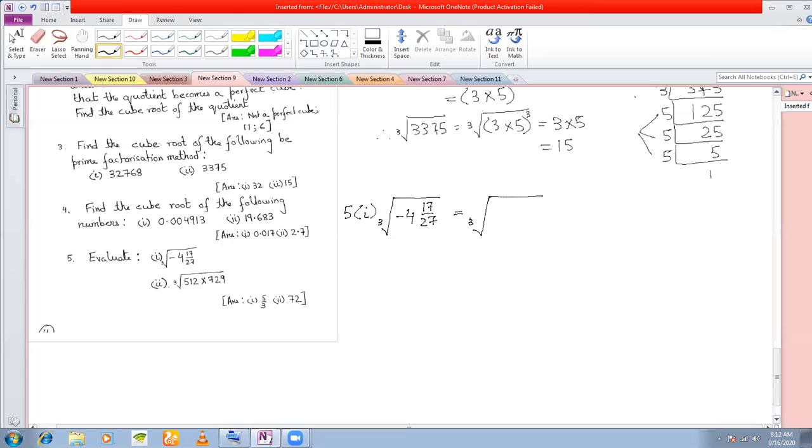So this is 27 into 4 plus 17, you can write this as minus 27 into 4 plus 17 divided by 27.